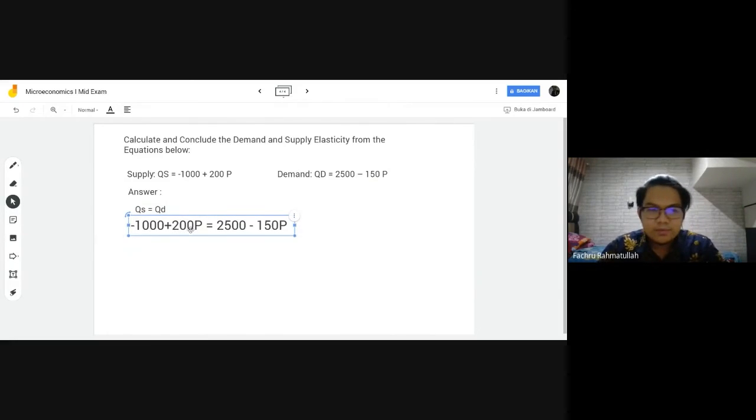Let's move. We need to make the section the same. Let's move the P section or the constant into the left section, and just the number, we move it to the right section. Okay.